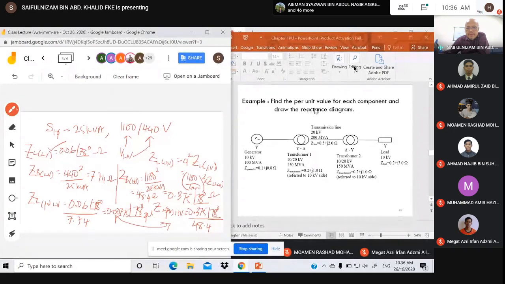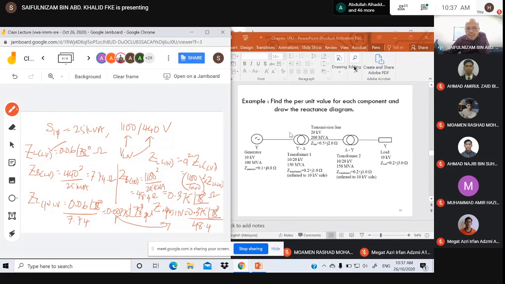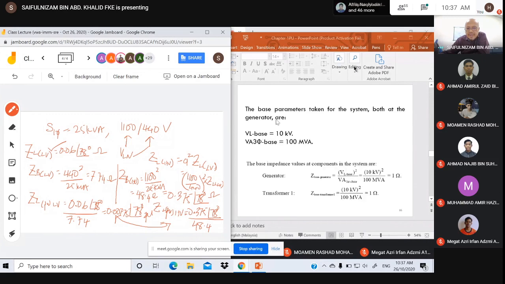Okay, find the per unit value for each component and draw the reactance diagram. This one is similar to the previous example. Now it's given, right? The base parameters for the system are at the generator. So one component is taken as a reference, which is the generator. It's mentioned in the question.